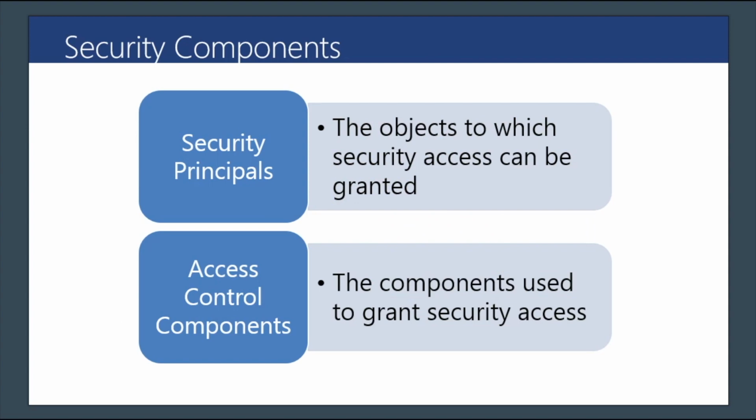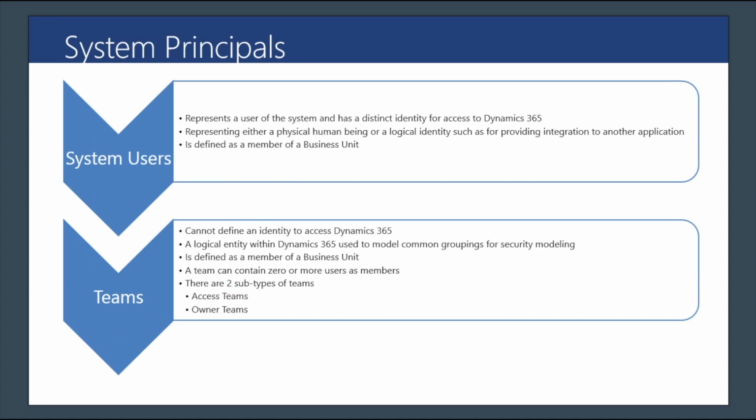So let's talk a little bit about our security components. We have security principals, and these are the objects to which security access can be granted. Okay? And then we have the access control components, and these are the components that are used to grant access to the security principals. Security principals, or system principals, consist of system users and teams.